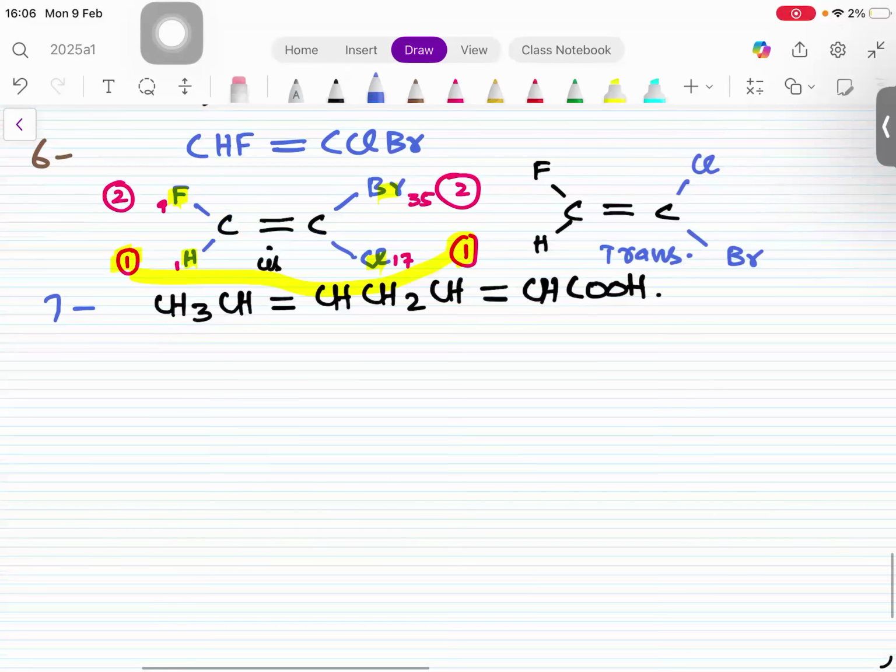What about this if there are two double bonds? This will be a cis. What about if they have two bonds?